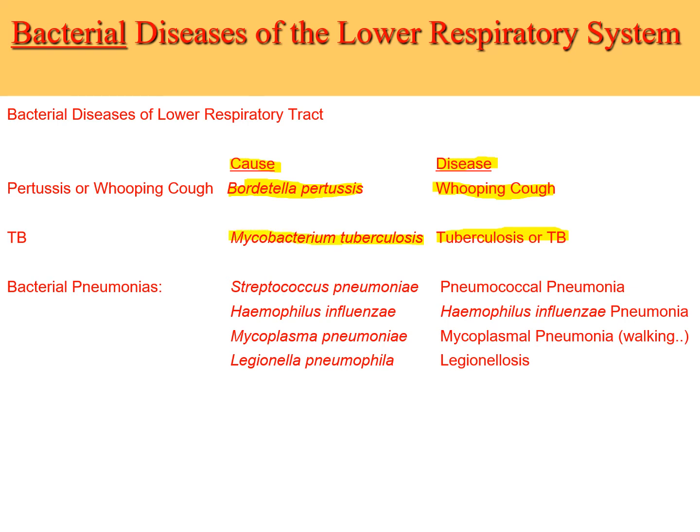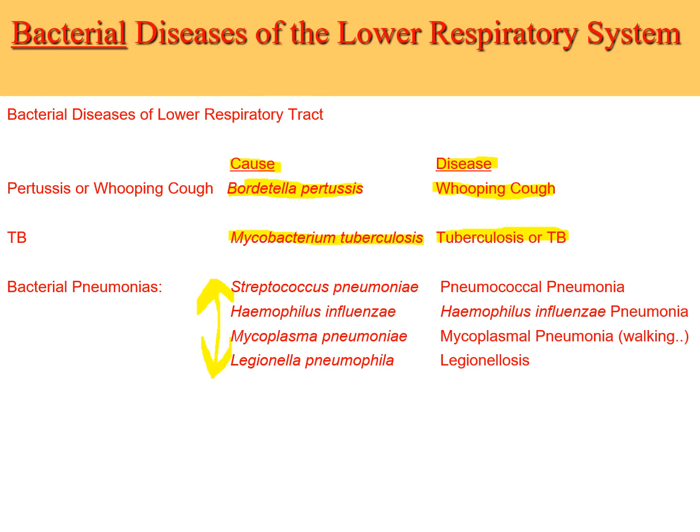And then different kinds of bacterial pneumonias, caused by several different bacterial organisms, and we'll talk about each of the ones that I've listed here on this page as we go along. Here's all of the organisms, actually. We'll talk about whooping cough and TB also. And we'll talk about these different bacteria that can cause different kinds of pneumonias.